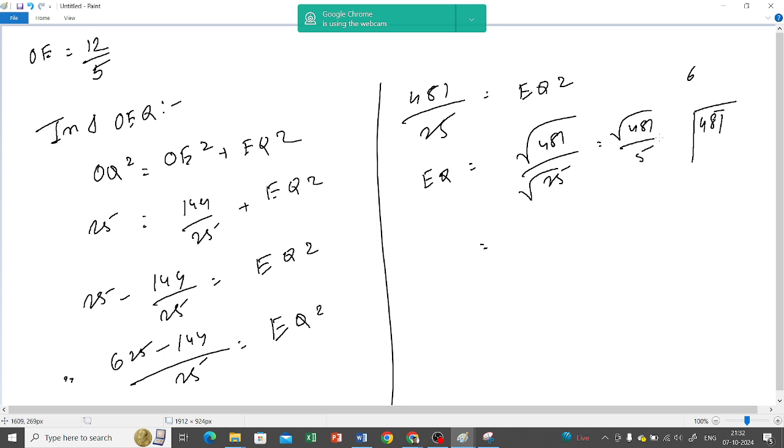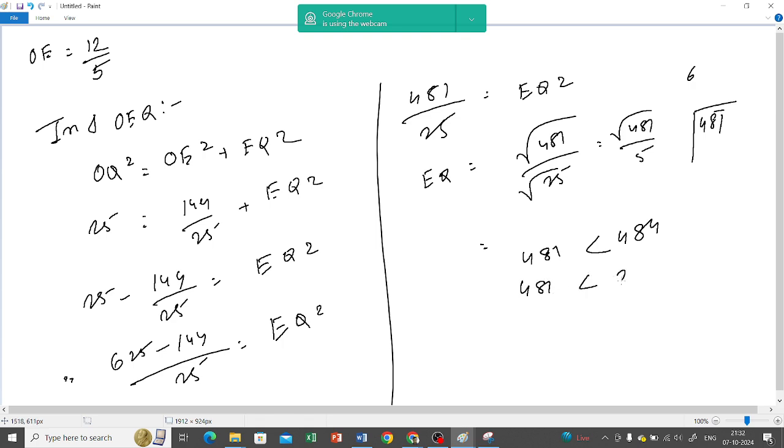Remember a shortcut, recollect a shortcut that we did, square root of non perfect square numbers, right? What is the next perfect square after 481? 484. 22 square is 484.